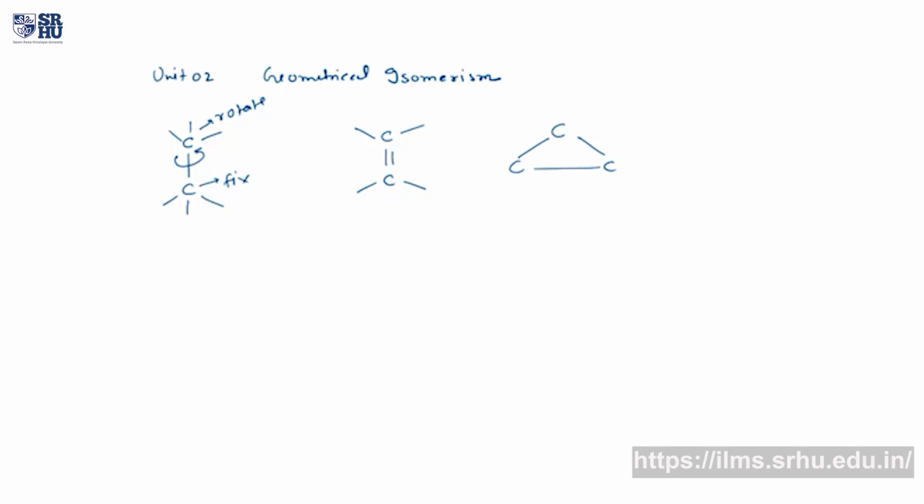Now if I ask you to keep this carbon fixed and rotate this carbon around the double bond, or around the ring, it will become very difficult for you to do so.